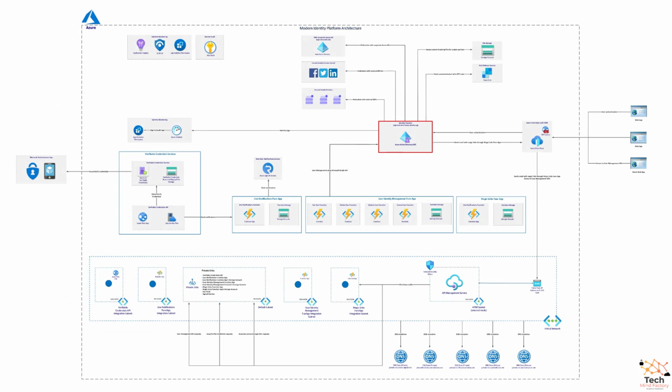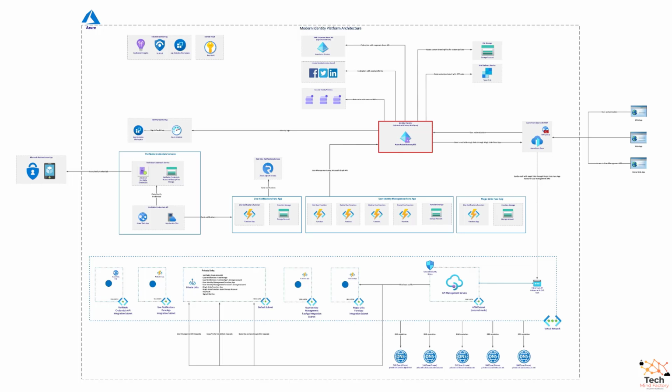As you can see here, of course, Azure Active Directory B2C service is used there, but there is a whole bunch of other services available in the Azure Cloud. So in this case, if you want to truly build modern identity platform for your applications, for B2C scenarios, you can leverage other Azure services too. Let me put some examples here to clarify what's happening when it comes to this architecture.